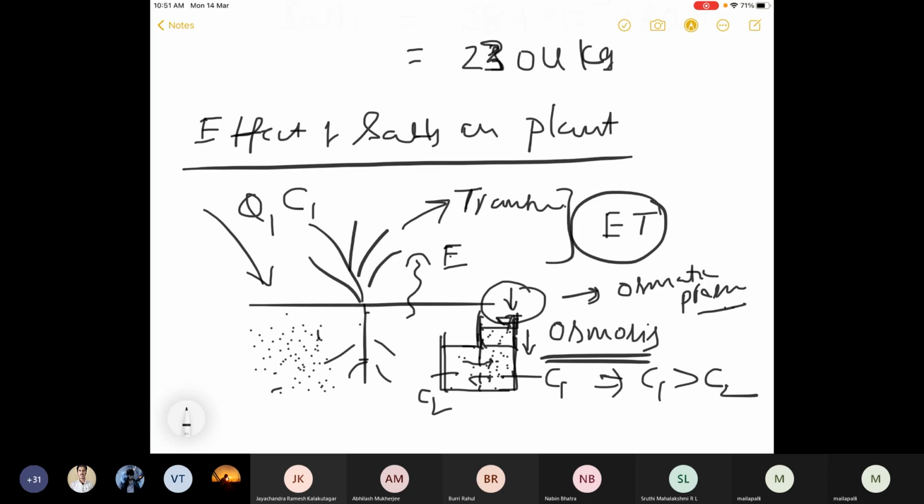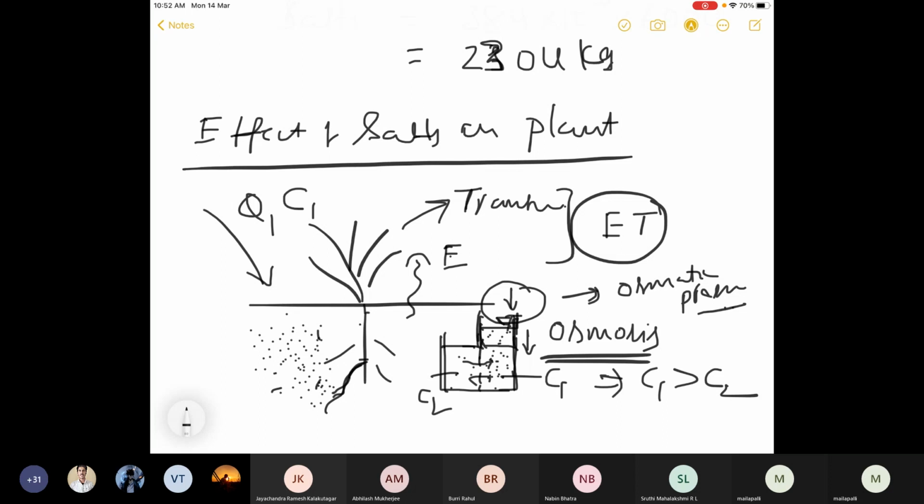So why is this important in plants? If you see the plants, the plant has the cell membrane. The roots are going to suck water through the cell wall, and the cell wall is kind of a membrane. The salts are present in the soil, and let's say the fresh water is inside the roots.